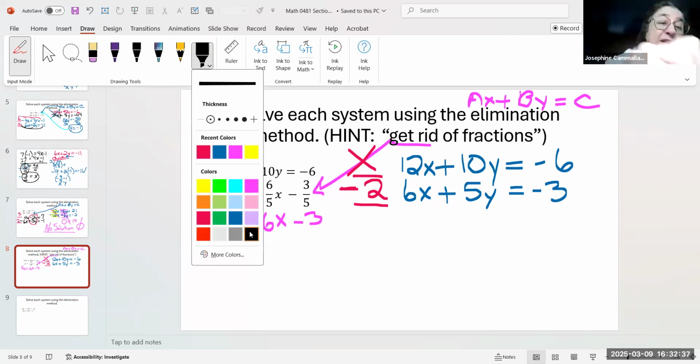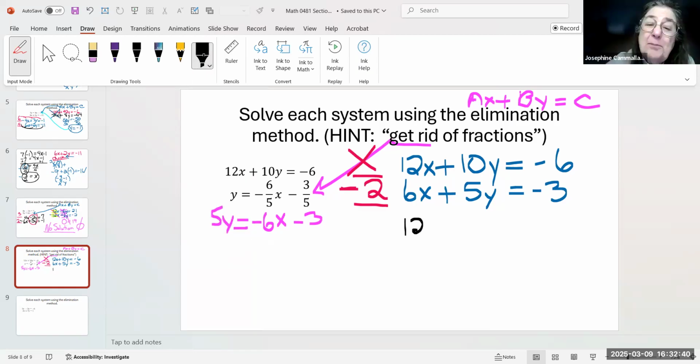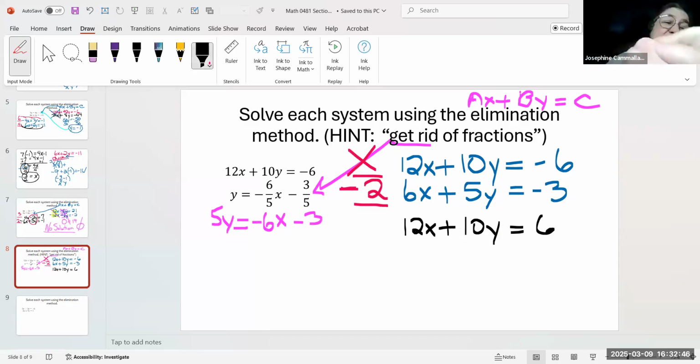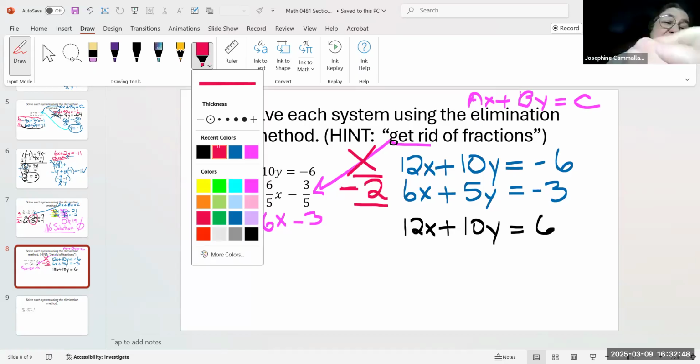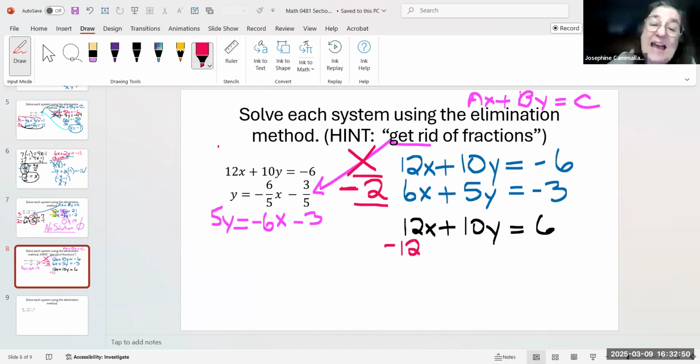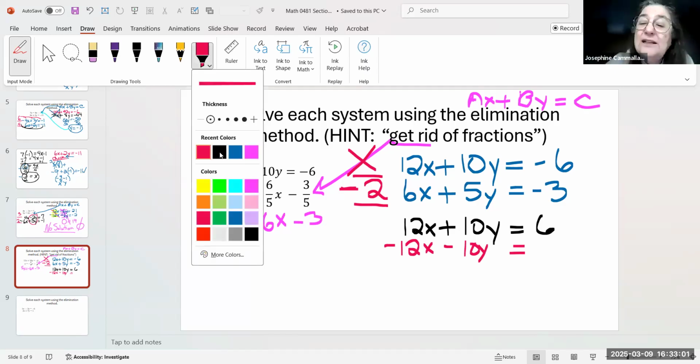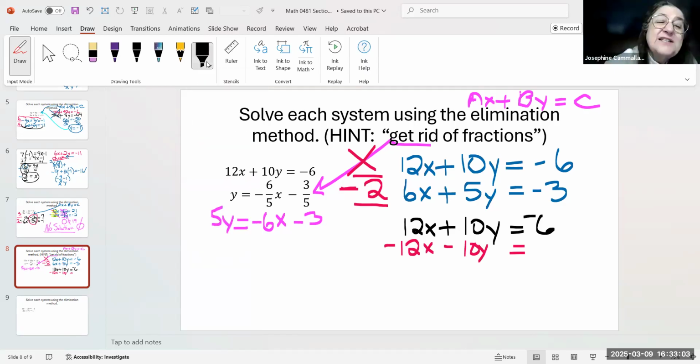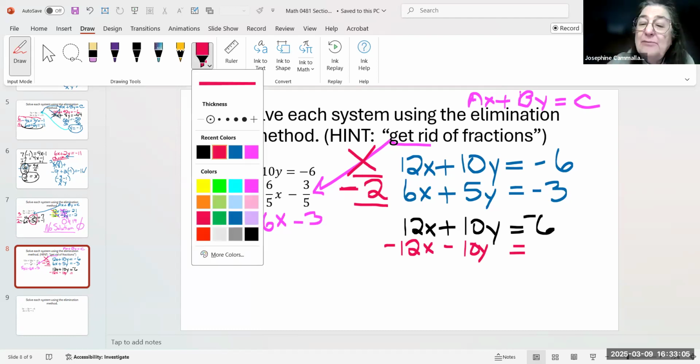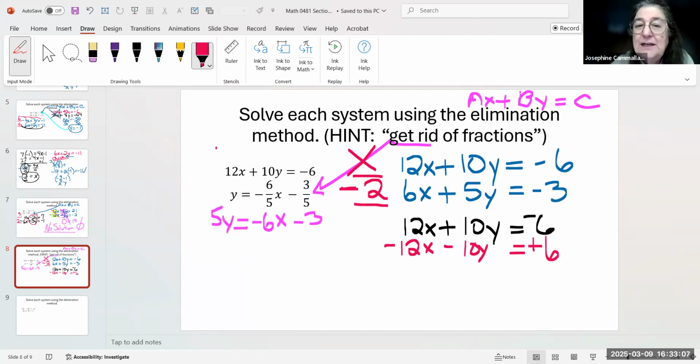The 12x plus 10y is staying negative 6. But notice what happens when I multiply by negative 2. I get a negative 12x minus 10y plus, don't forget, I got it right here. This is the negative. This is going to give me a positive 6.